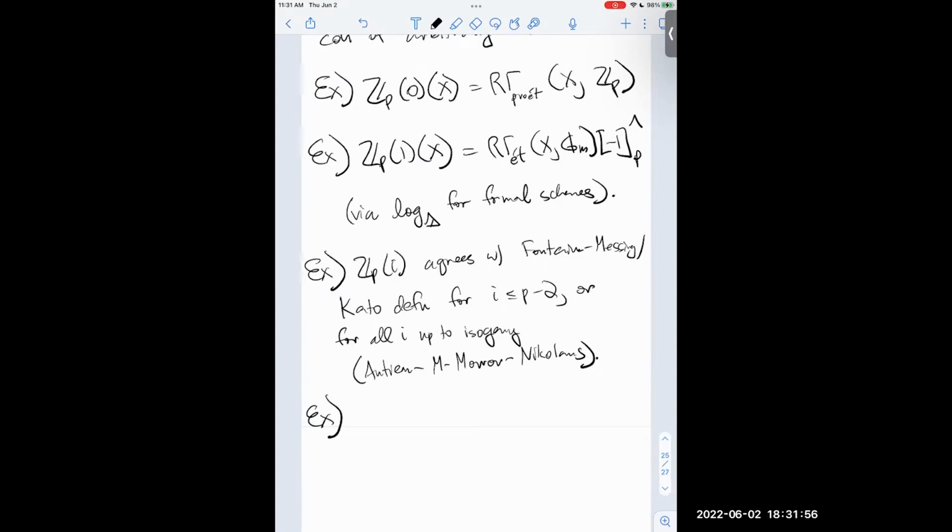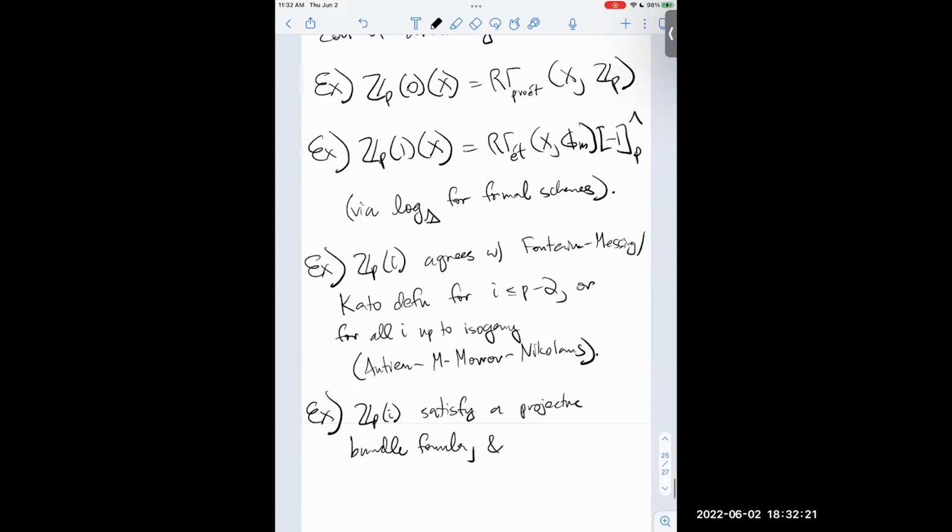Another feature is that, as I mentioned, the ZP of I's are supposed to be some analog of motivic homology. And this is proved again in the Bhatt-Morrow paper, which is that the ZP of I satisfy a lot of the things that you would expect from motivic homology. For example, they satisfy a projective bundle formula, and there's a theory of Chern classes.